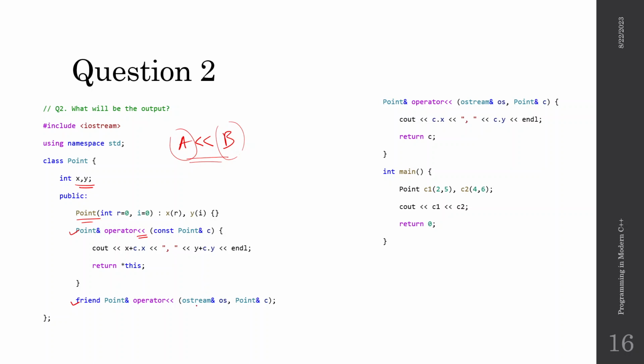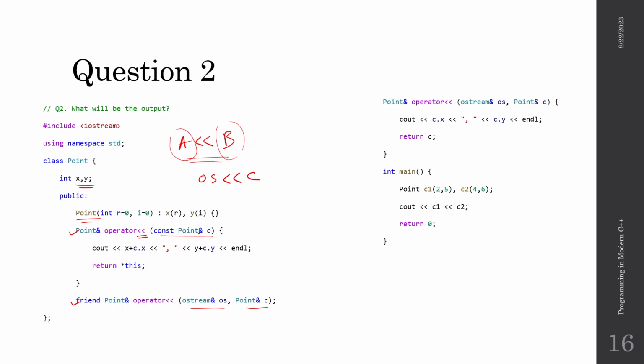So first let's look at the second implementation. In the second implementation we are giving two arguments. One is an output stream and another is a point object. So this operator will operate between an output stream and a point object. For the first implementation you can see that it has only one argument, which is c. So what does it operate on?